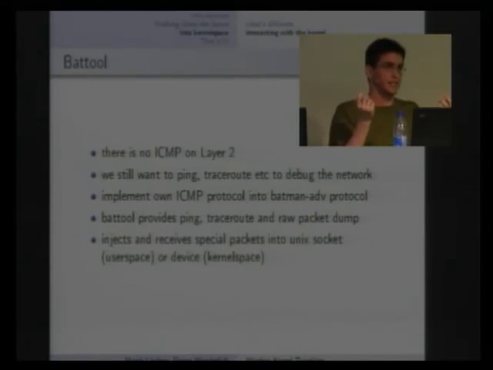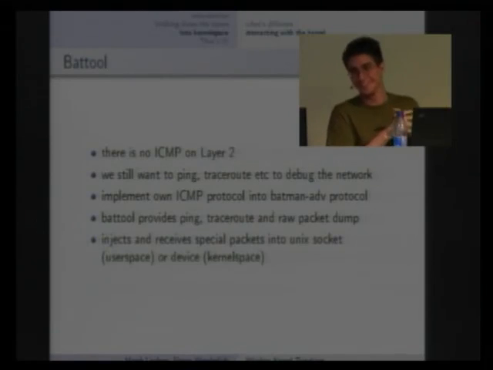It's a lightweight implementation of ICMP, actually. And the Batman daemon or the module will handle the special packet like an ICMP packet, so that you can see the hops, that you can see actually the real ping, or you can see where your route is going to. I would like to go more in detail, but I think we don't have enough time. Just try it.